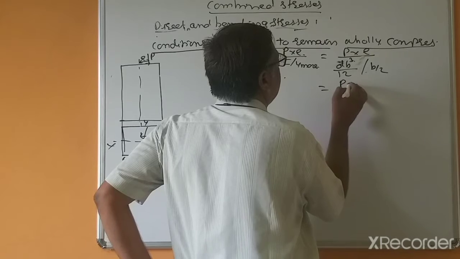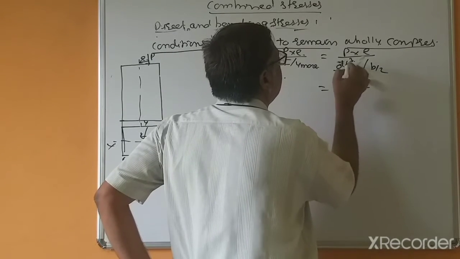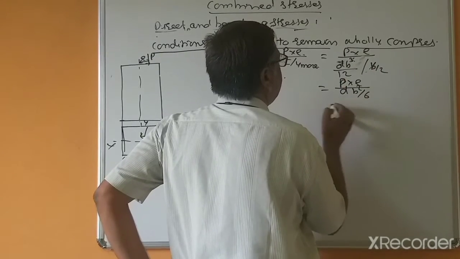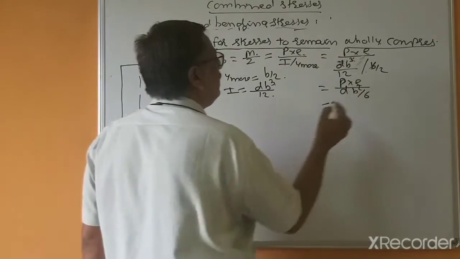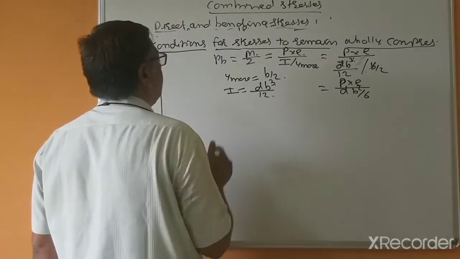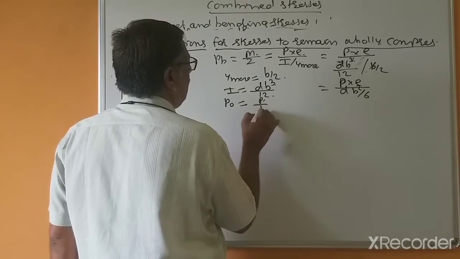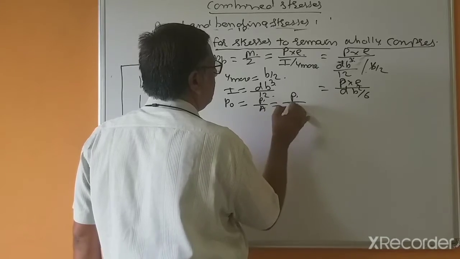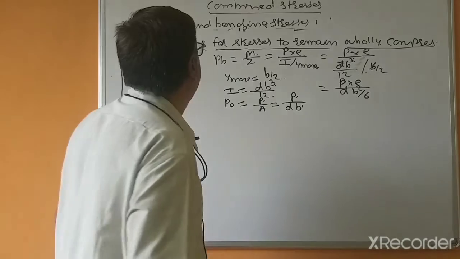So that's why we can write here this is PE divided by dB squared divided by 6, because one B gets cancelled. And direct stress equal to P by A. So A equal to dB, depth multiplied by breadth.